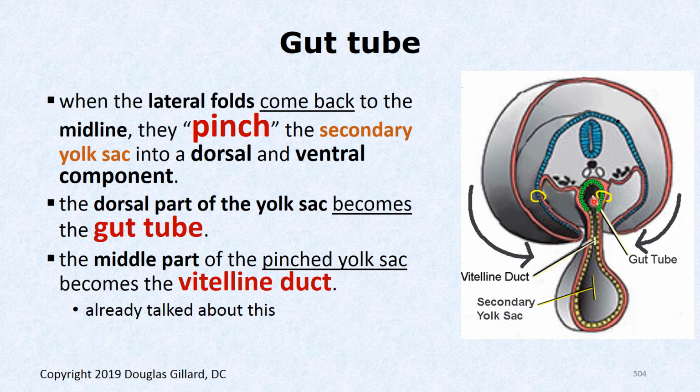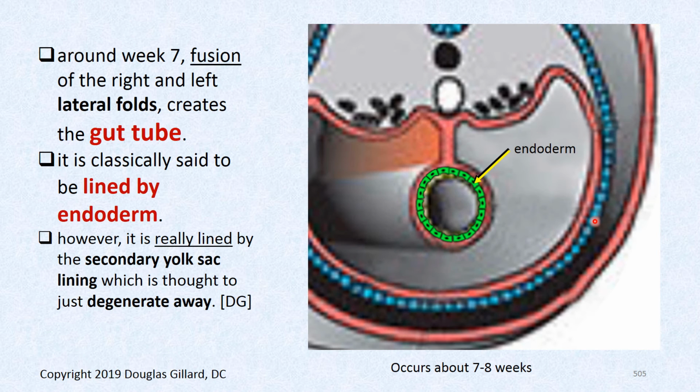Up here, the ventral portion of the yolk sac is going to form the gut tube. And remember, in the sagittal plane, the center cut stays open as the vitelline duct. In the anterior and posterior planes, they completely close, but not this center part. But that's the gut tube.